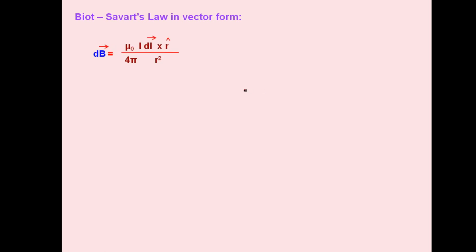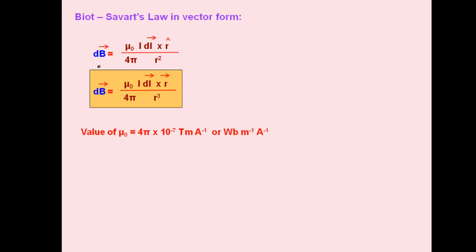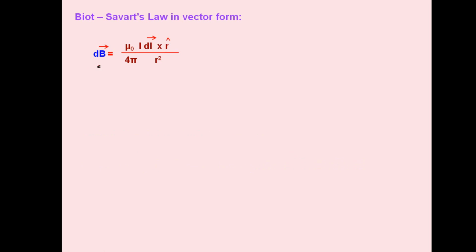So here the formula was I dl sine theta by r square, and in vector form we can represent it in this way. See, the rule is dB is equals to mu naught by 4 pi I dl sine theta by r square.